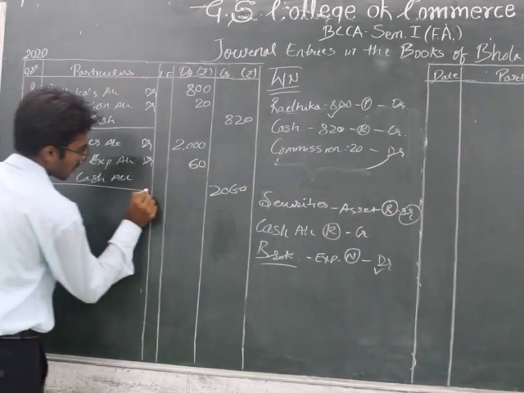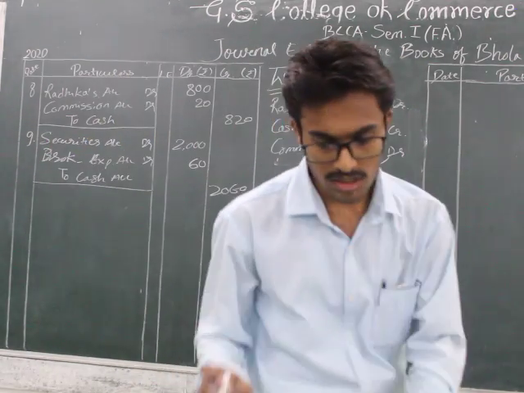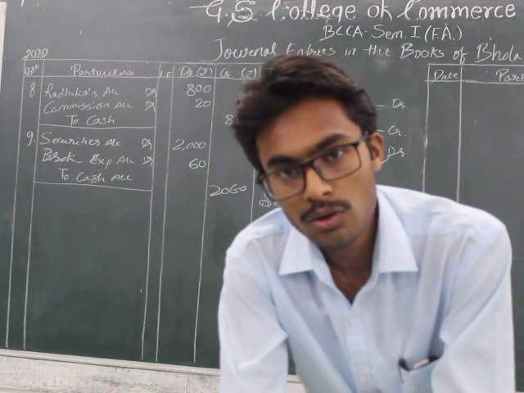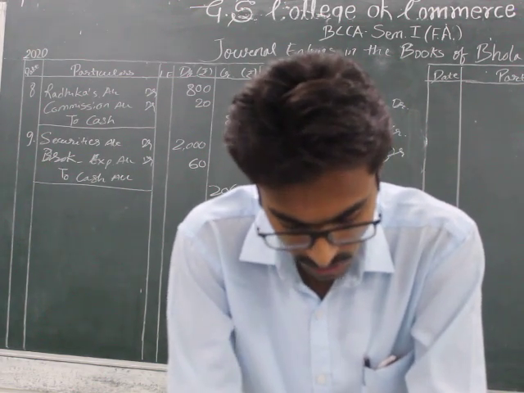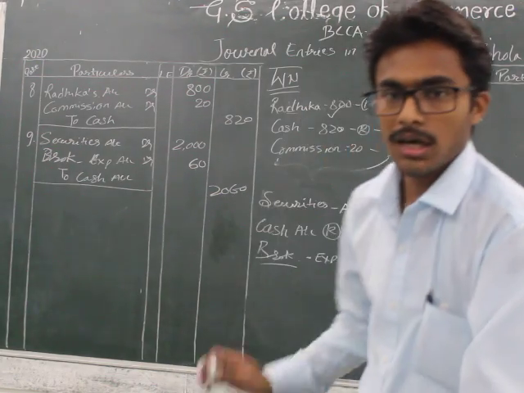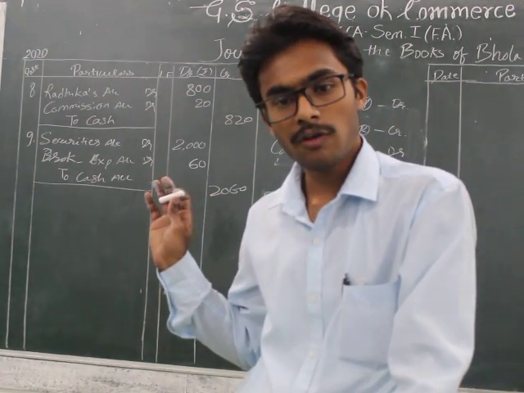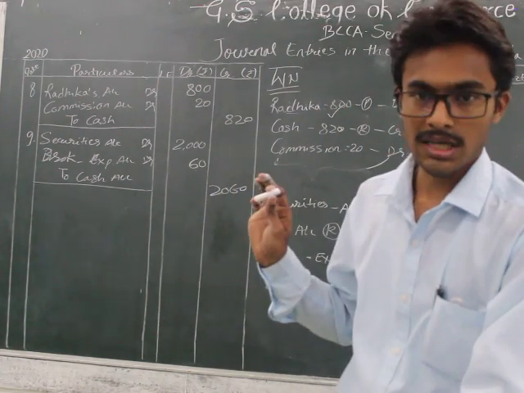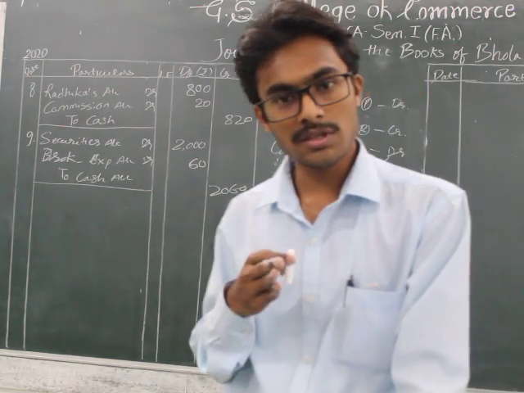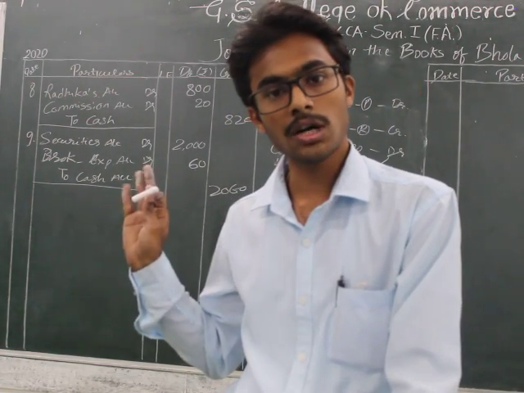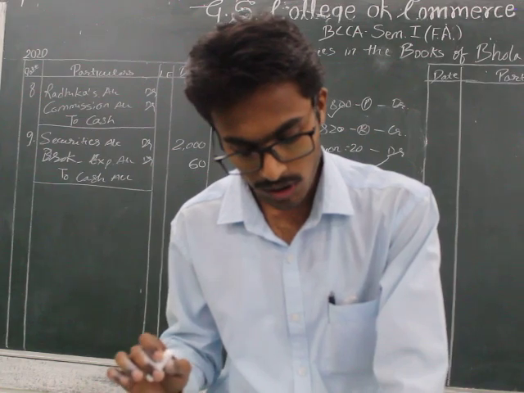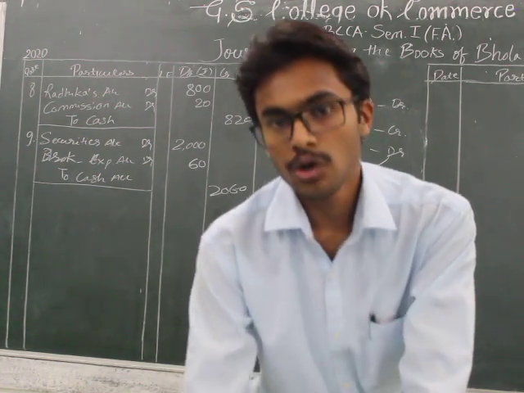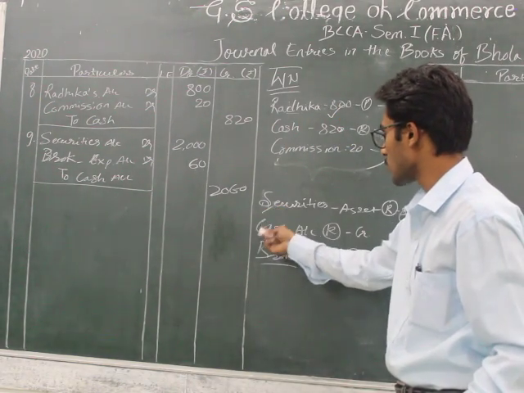This is how you can make the entry. This is a very easy concept. You have to put your focus on these types of journal entries, because this might be difficult for you if you are not giving your concentration, because these are somewhat advanced entries, and in the previous lecture we have seen very simple entries, and this is all about combined entries. You have to give focus, and you have to read the question properly to connect these types of aspects.